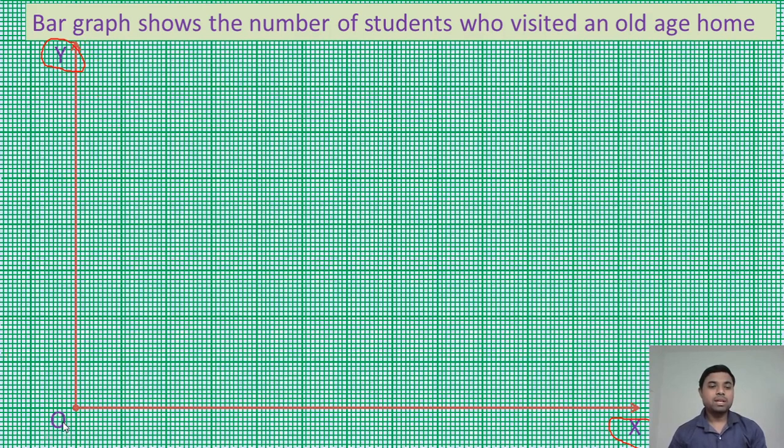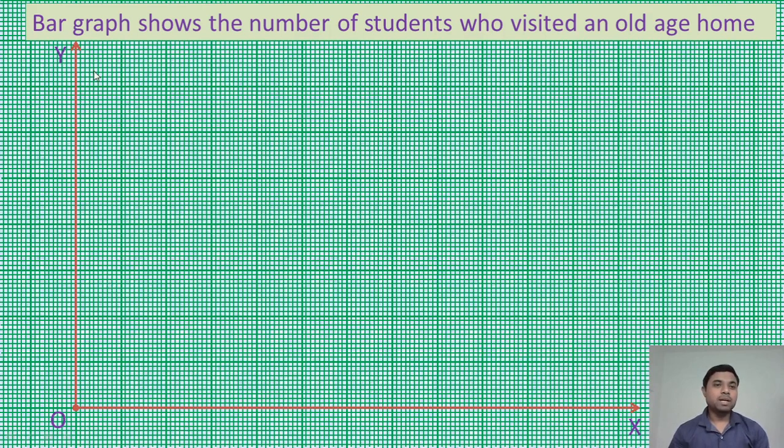Write O here. Each and everything on this paper will be by your pencil. Don't touch the pen here. Is it clear?